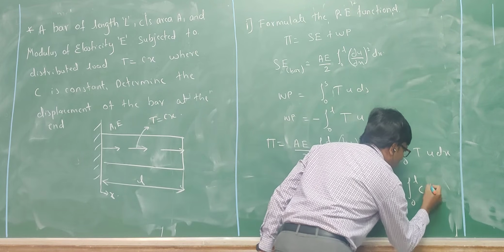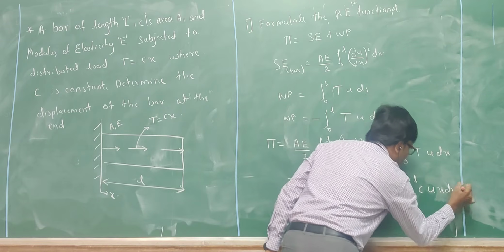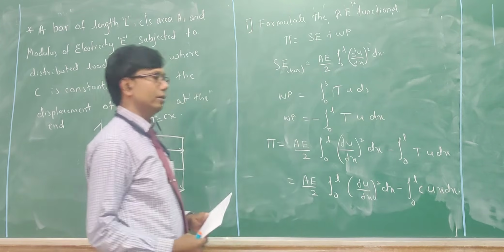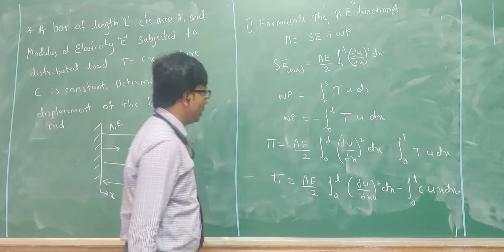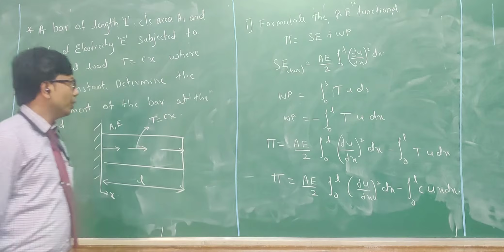So I will substitute that. You will get AE by 2, integration 0 to L, of dou U by dou X the whole square into dx, minus integration 0 to L of c into u into x into dx. This is the potential energy functional when the bar is subjected to a distributed load.